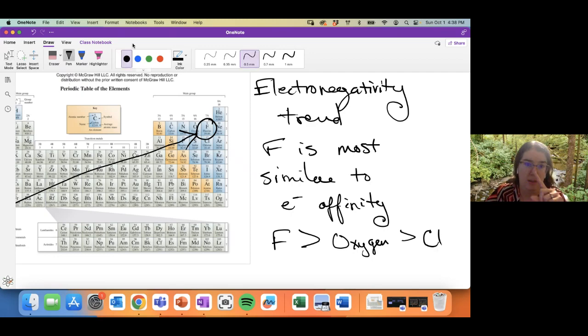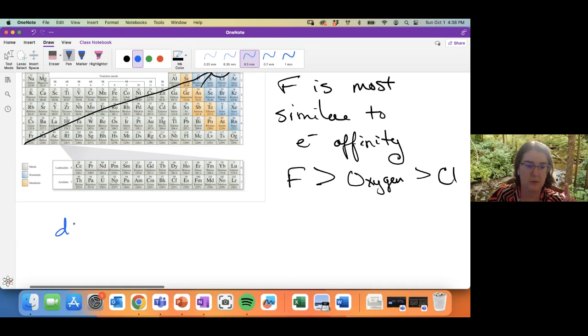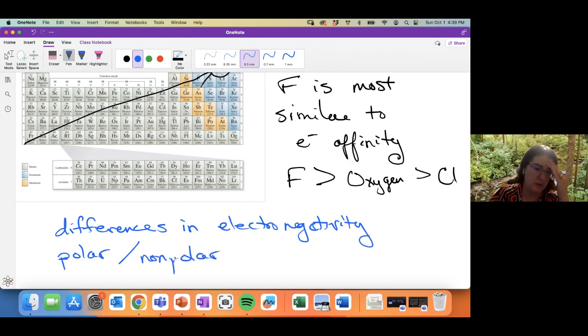Now then, the other terms. I'm going to include differences in electronegativity. I'm going to include the word polar, write this correctly, there we go, polar and nonpolar.